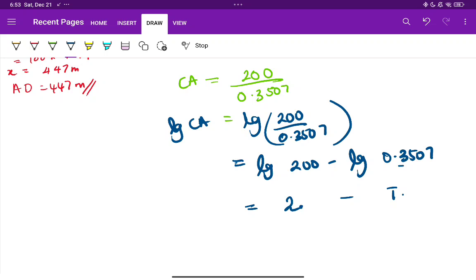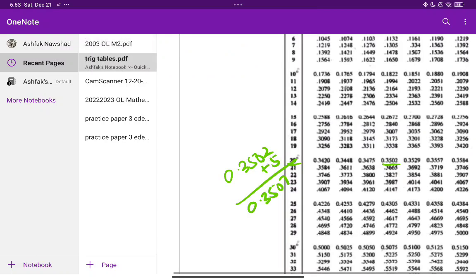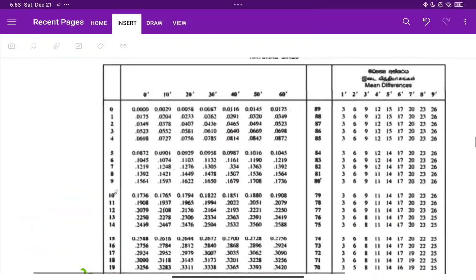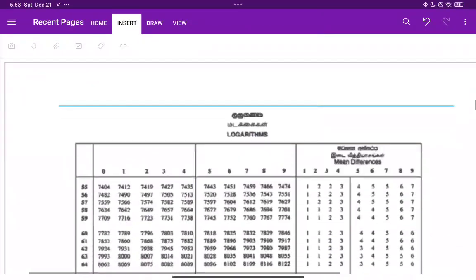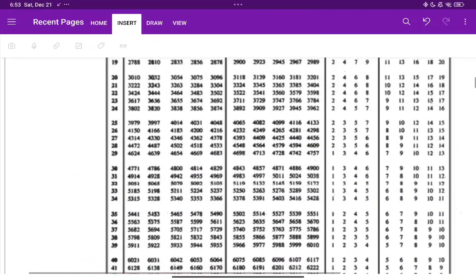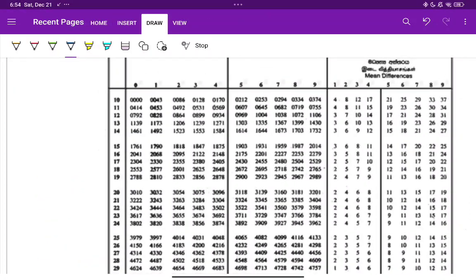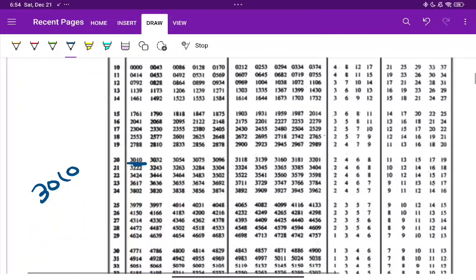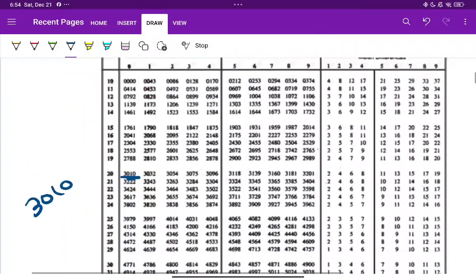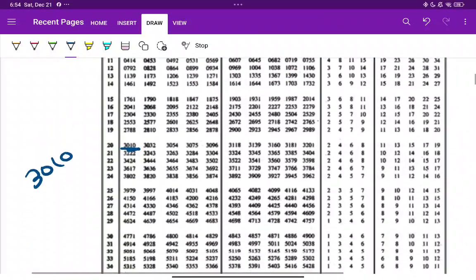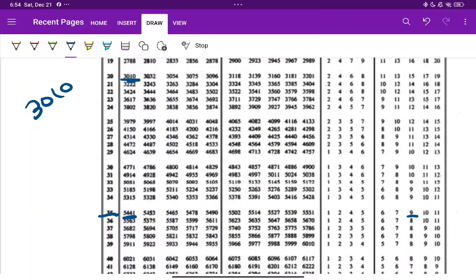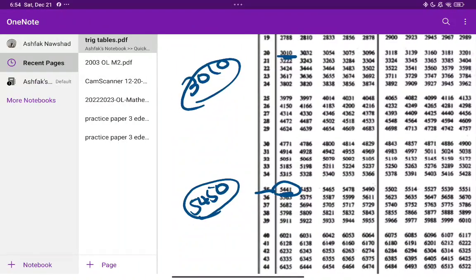So 200 and 3507, in the log tables. For 20 that is 3010, and then we need 3507. That would be 5450, because we'll have to add 9 to this value. It's 5450. So 3010 and 5450.